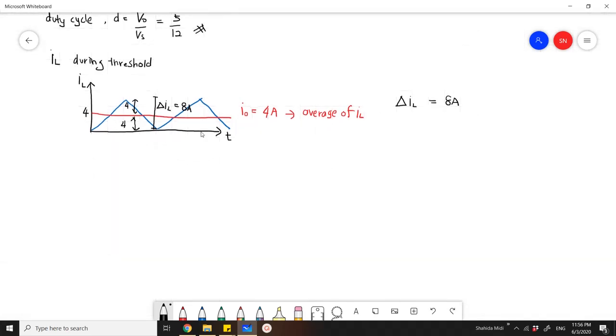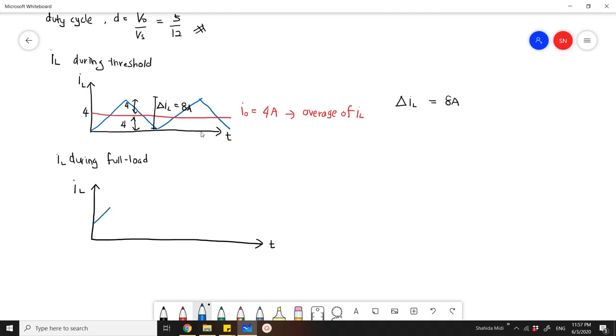From all this information, we can derive the IL waveform during the full load. During full load, the current will not decrease down to 0.